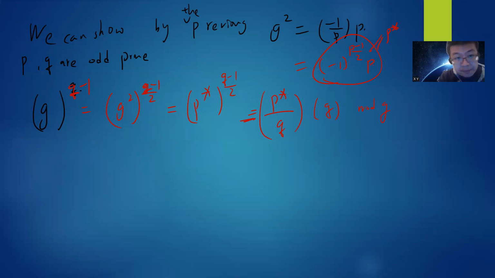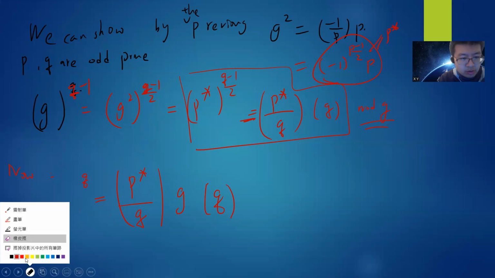Notice that this p star is a number, so this is well defined mod q. So this shows that g to the q will be (p star / q) times g, and this is g to the q.